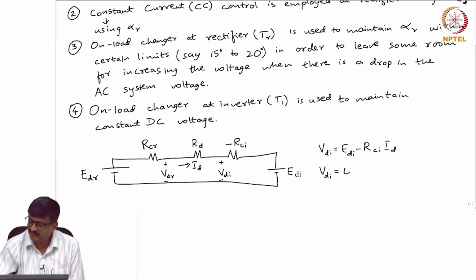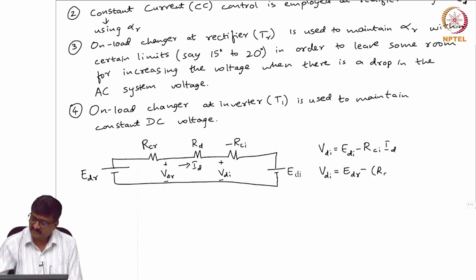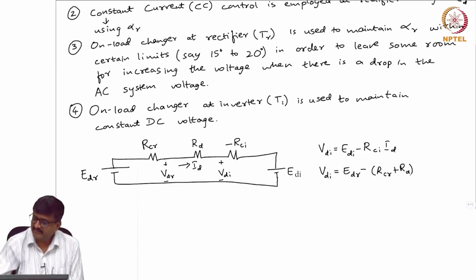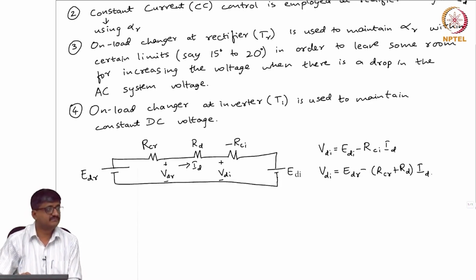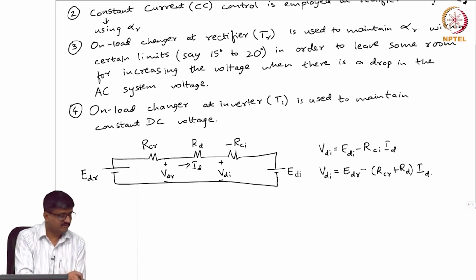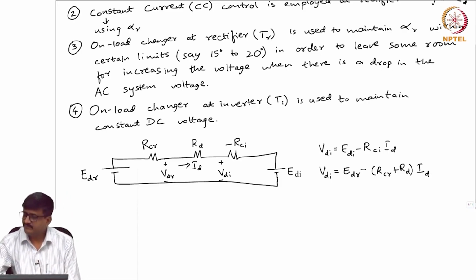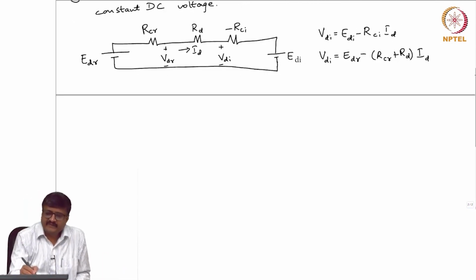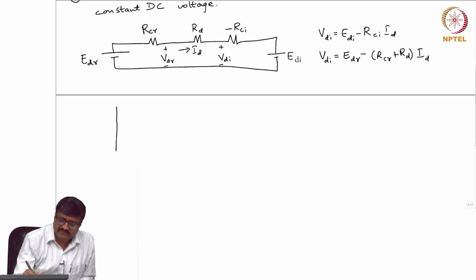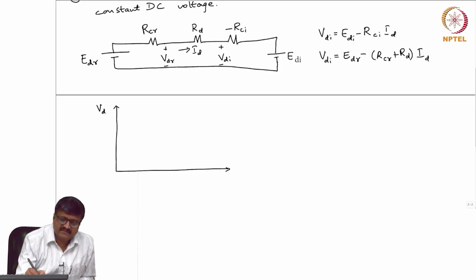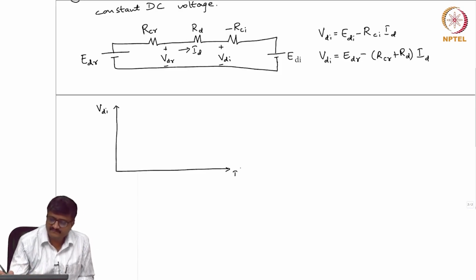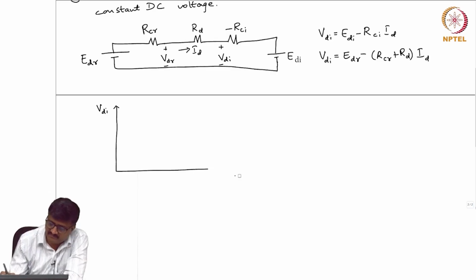So VDI is also equal to EDR minus RCR plus RD into ID. Right? Now let me try to take the graph of VDI as a function of ID. Okay, let me draw this. VDI as a function of ID.